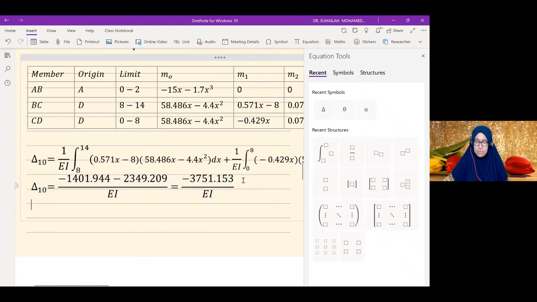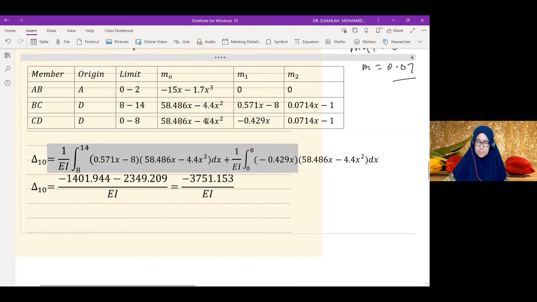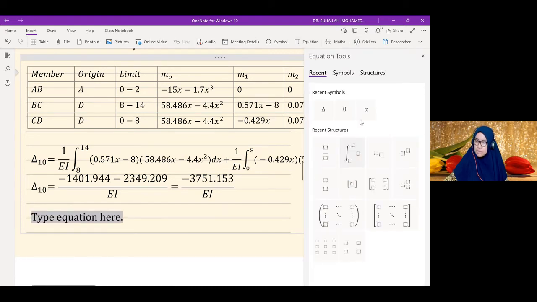Okay, so we move to theta 2 naught. It is 1 over EI.